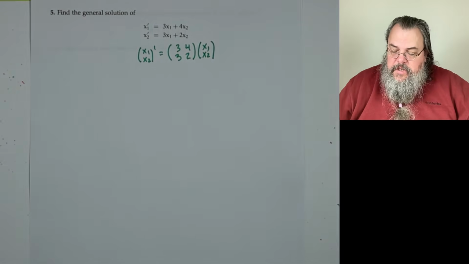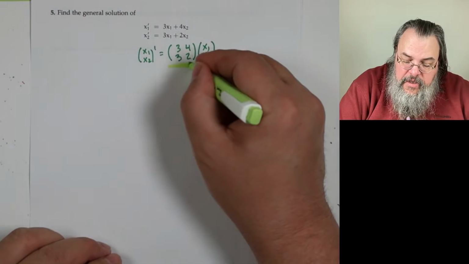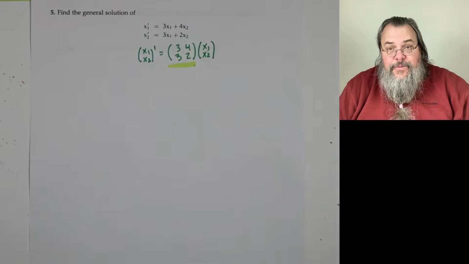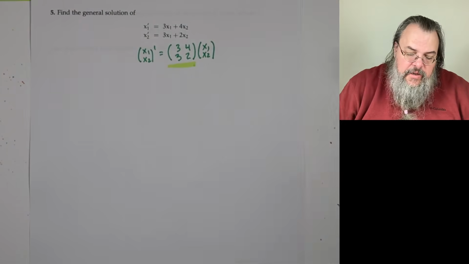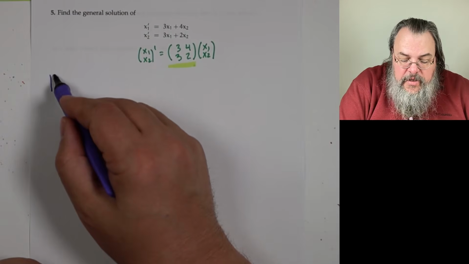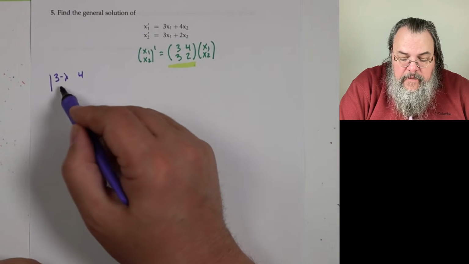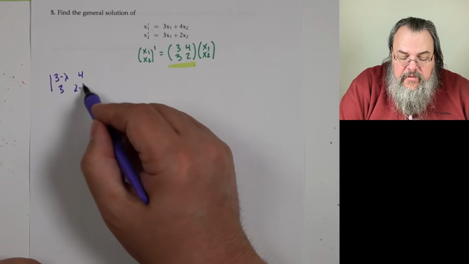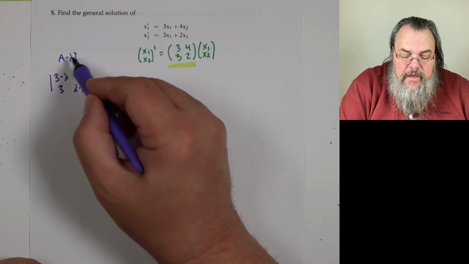Now we're going to ask the question, what can we say about those eigenvalues? Well, let's take a look. This computation, you'll do it a lot, so you should get really comfortable with it. We're taking [3 minus lambda, 4; 3, 2 minus lambda]. This is our determinant of A minus lambda I.